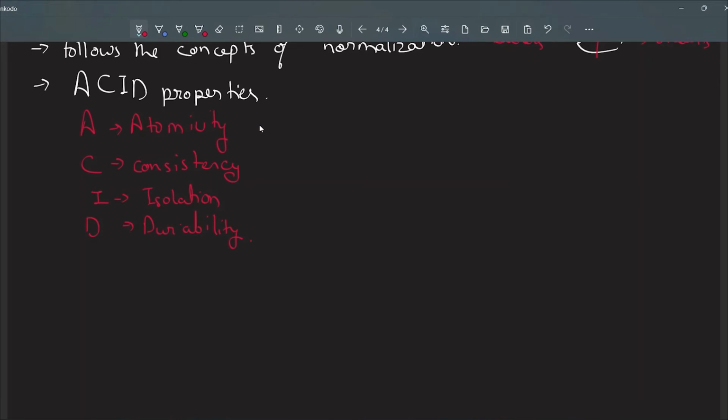Now consistency means the value should always remain preserved. If any change or update happens in the database, the value remains preserved always.